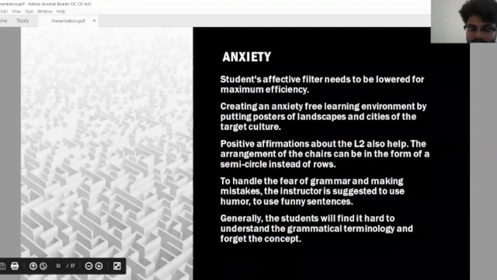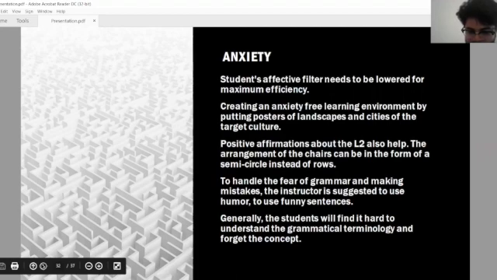And the arrangement of the chairs could be in the form of a semicircle instead of rows to engage them more in conversations. And to handle the fear of grammar and making mistakes, the instructor is suggested to use humor and to make the sentences funny, to make them learn things more easily.